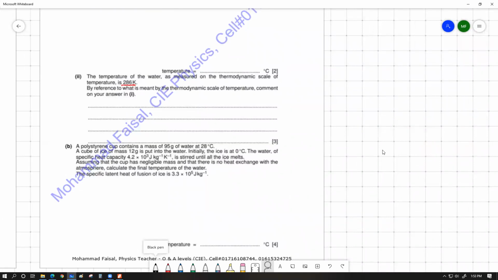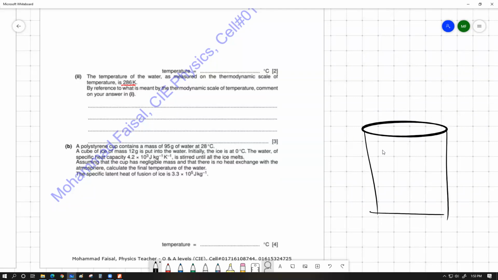We have a polystyrene cup within which we have about 95 grams of water at 28 degrees Celsius. So 95 gram water starting at 28 degrees Celsius.